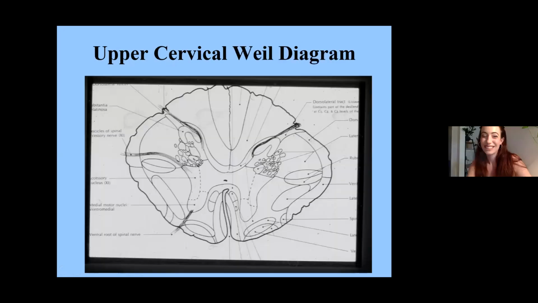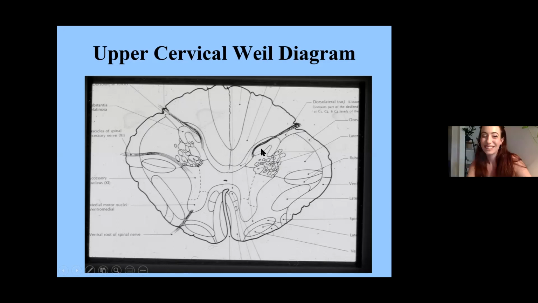So here we're up around C1, C2, and we're looking at, again, a wheel diagram. What you can again see is the amount of fasciculus gracilis, which is much smaller and dwarfed by the fasciculus cuneatus, simply because there's so much more cervical input coming in.